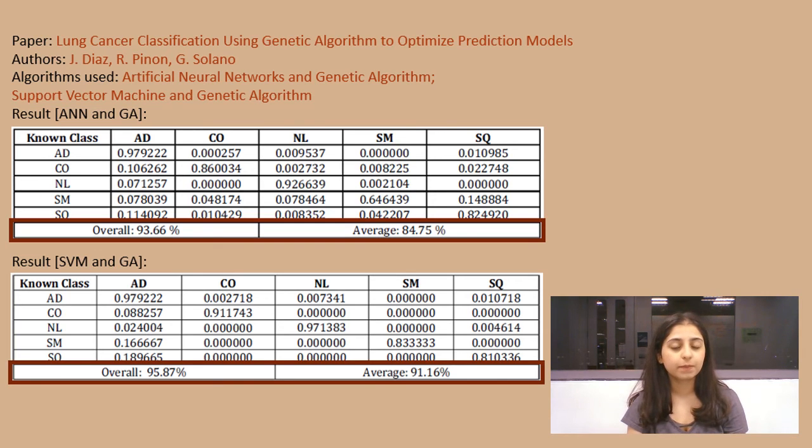Based on the results, GA combined with support vector machine algorithm obtained an overall prediction accuracy rate of 95.87% and an average accuracy rate of 91.16%, which was higher than when GA was combined with artificial neural network algorithm that achieved an overall prediction accuracy rate of 93.66% and an average accuracy rate of 84.75%.